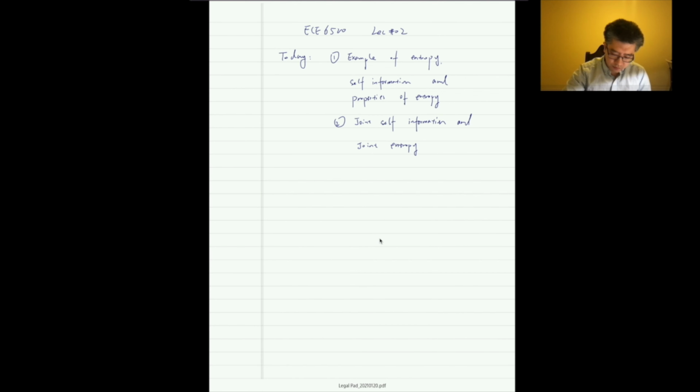Then we'll talk about conditional self-information, conditional entropy, and also the property of conditional entropy, the so-called chain rule.